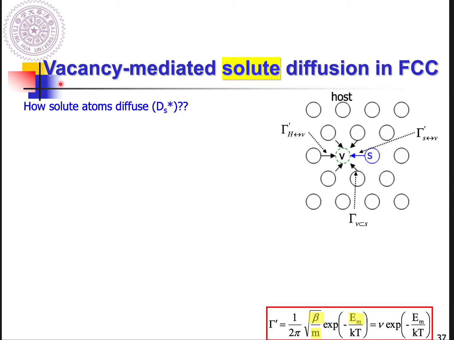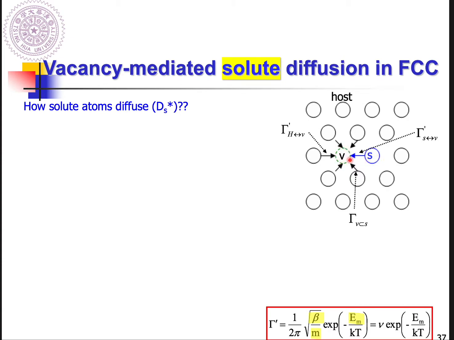In this case, the vacancy mediated solute diffusion, we take the FCC structure as an example. The black circles mean the host atoms, and you dope some solute atom to replace a host atom or locate at a substitutional site.